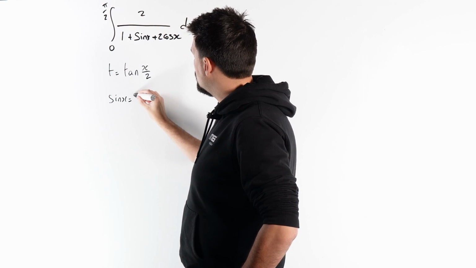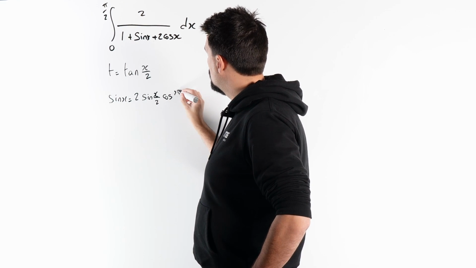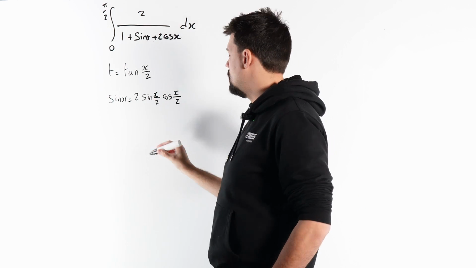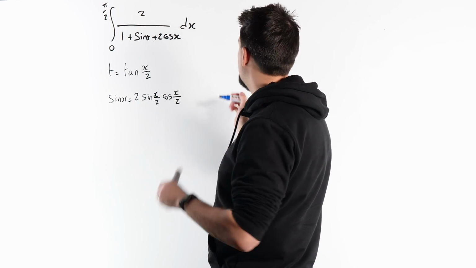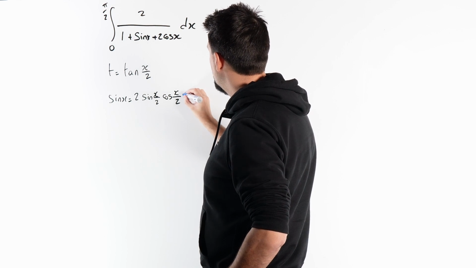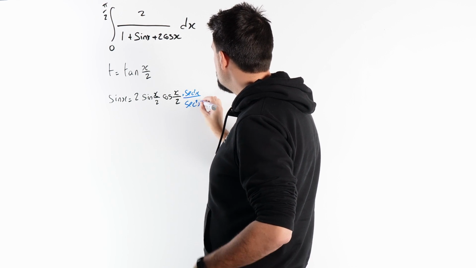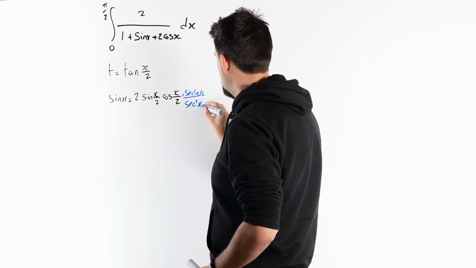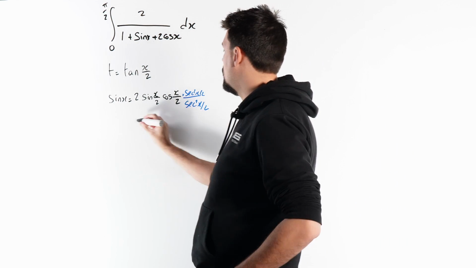Right, sine x is 2 sine x over 2 cos of x over 2, because x is twice of x over 2. Now, I will delete some of this just to have space on the board, but if I multiply and divide by sec squared of x over 2, what do we end up with?